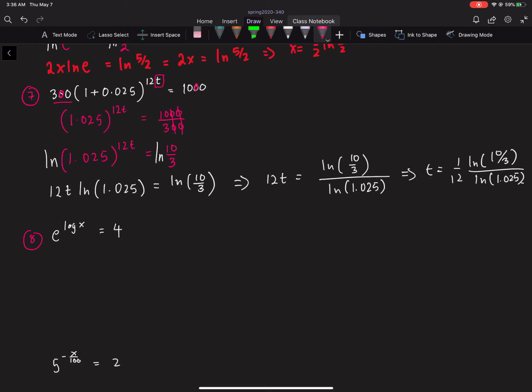First, I recognize that this is an exponential function. When I switch that expression back to a logarithmic expression, I'm going to get ln 4 is equal to log x.